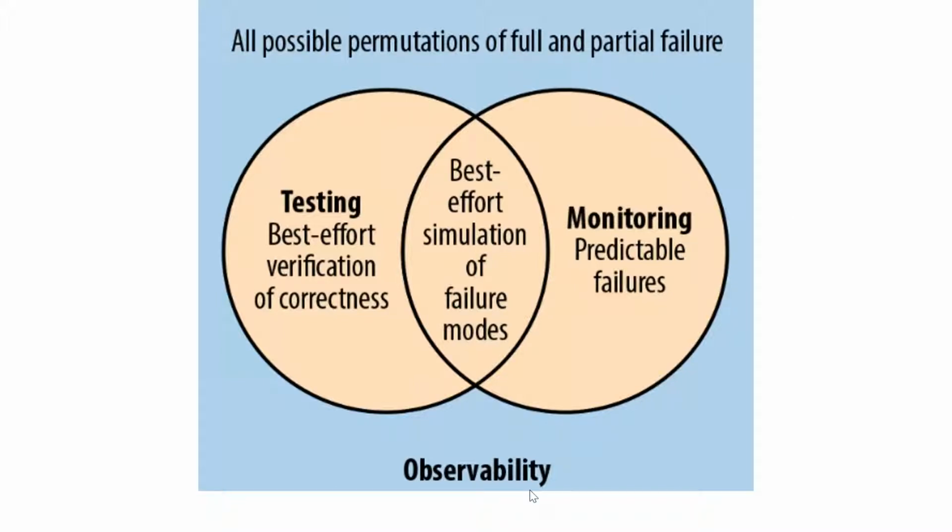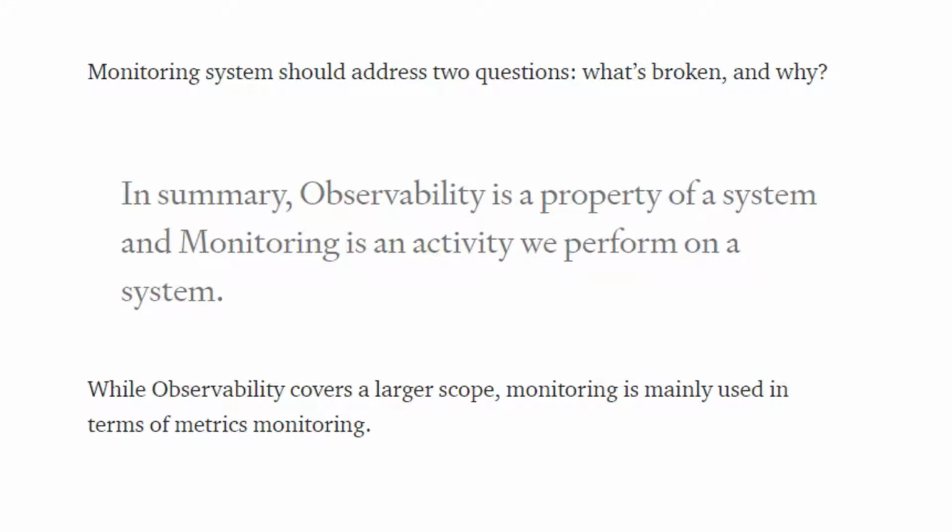Testing teams have lots of verification processes, right? And they perform them on their applications. So we add that effort to all this monitoring we are doing, and merge them together in such a way that we can get the best simulation of failure modes in the software. So that is something which we have.